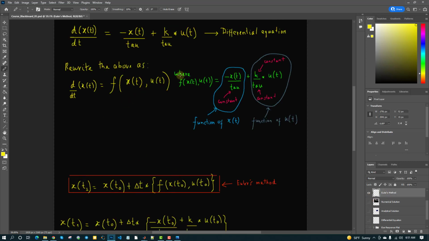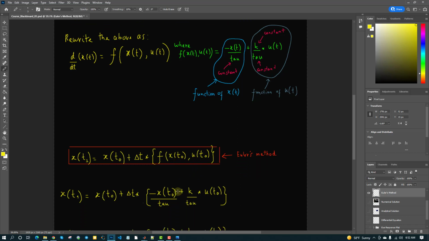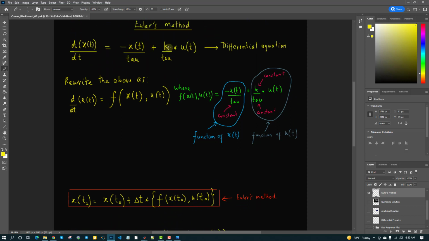So again, Euler's method: the system response at time t1 is equal to the system response at time t0 plus delta t multiplied by f of x of t0 and u of t0. That's Euler's method. Let's see how that actually works in practice for this differential equation.